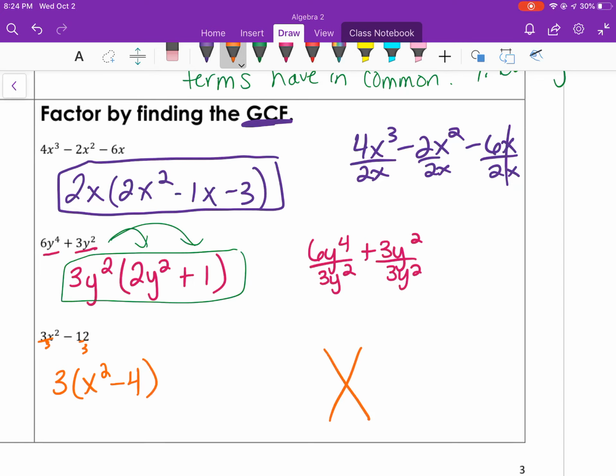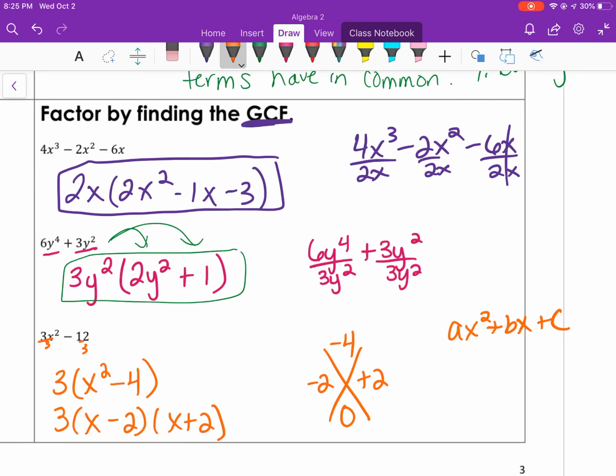And then actually, this can factor more because if I think of negative 4, because I have ax squared plus bx plus c, so a is 1, b is 0. So what multiplies to negative 4 and adds up to 0? That's negative 2 and positive 2. So this one does actually factor one more time as x minus 2 and x plus 2.